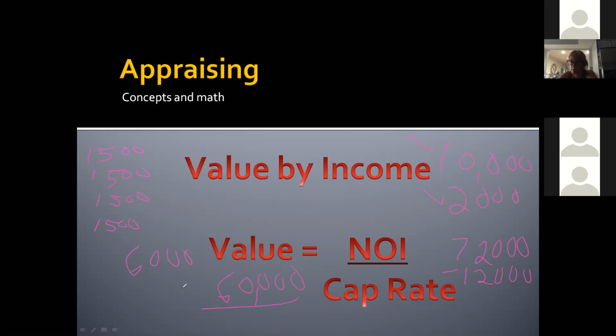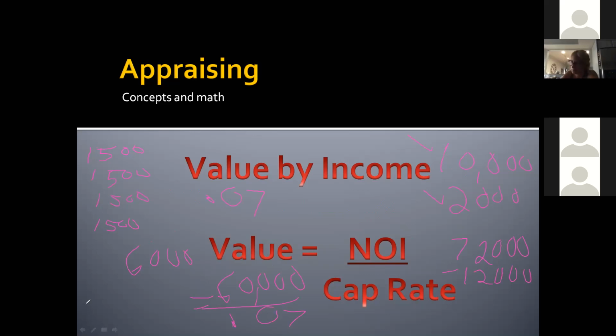And now his building is worth what the expected cap rate of the investor is. Usually investors want to see a 7% cap rate. So if we took that 600,000 and we divided it by 0.07, that's going to give us what this property is really worth.